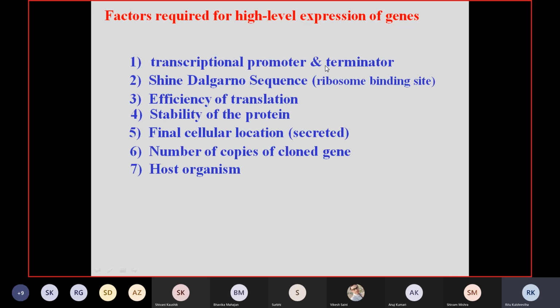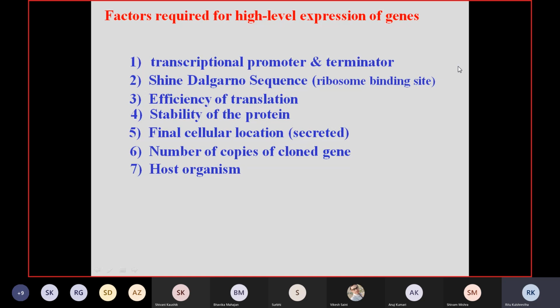MCS is the region where you clone your gene of interest. So here is the promoter, this is the MCS, you clone your gene of interest, and at the end of it what you have is the termination sequences. So depending on whether you are having a bacterial expression system or a mammalian expression system, you will decide which termination sites are present.